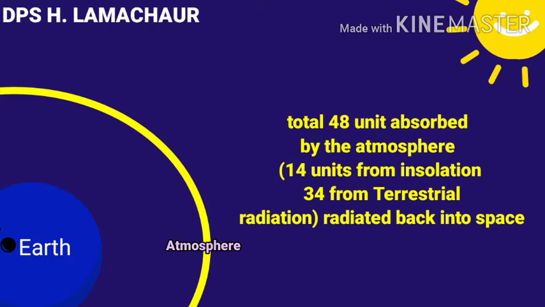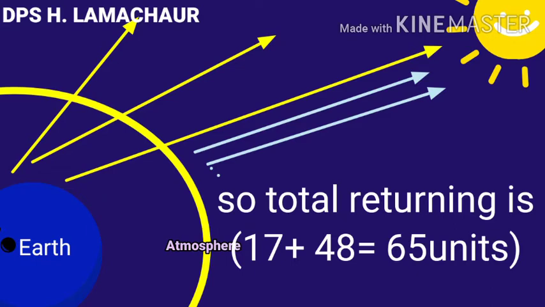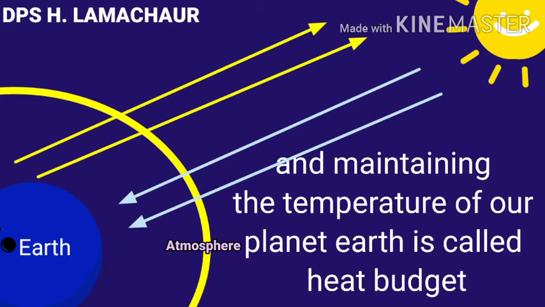Thus, the total returning from Earth is 17 plus 48, which is equal to 65 units, which were received from the sun. Thus, the balance of heat on the earth is called heat budget, and it is helpful to maintain the temperature of our planet Earth.